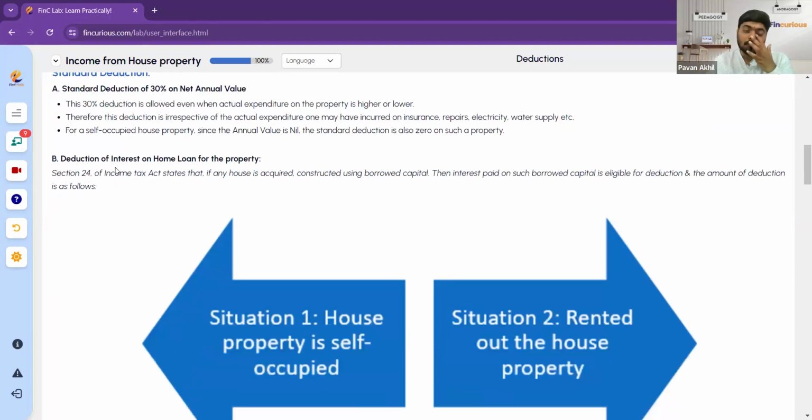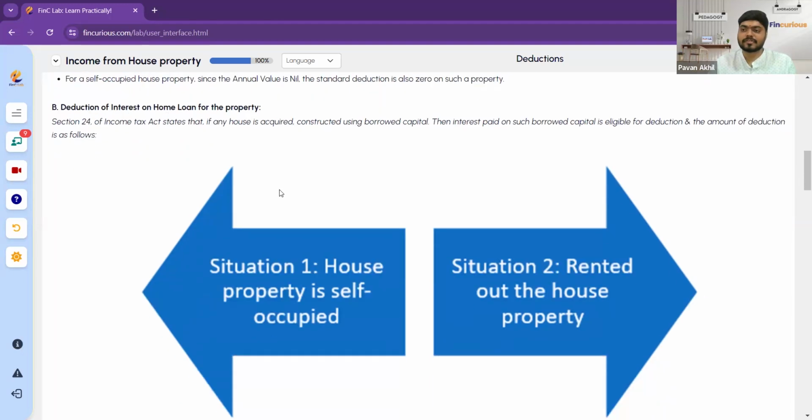Now, the most important thing in the entire house property chapter is the interest on home loan for the property. Usually people come to us for tax planning purposes. How to do tax planning? The majority of tax planning happens using this interest deduction.